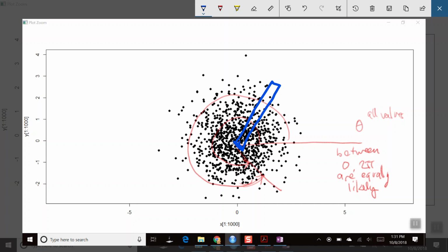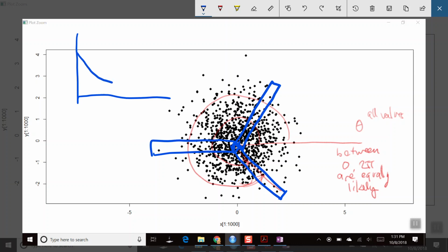If you take any one of these angles and look at the distribution of dots, values near the origin are much more likely, and values as you drift away from the origin are less likely. And the distribution of the dots follows an exponential distribution, which looks like this.